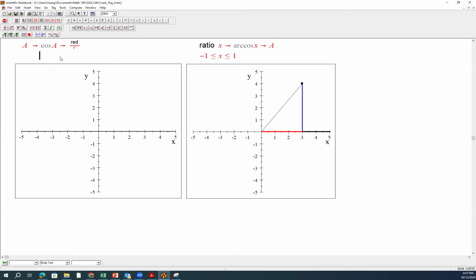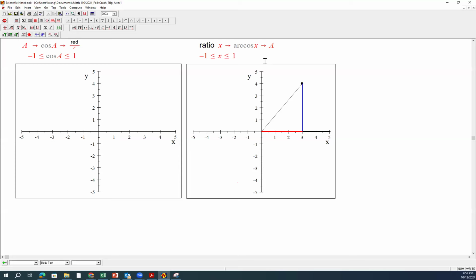The range of cosine, we have talked about it, -1 to +1. However, the domain of arc cosine is the range of cosine. But the range of arc cosine is not the domain of cosine.